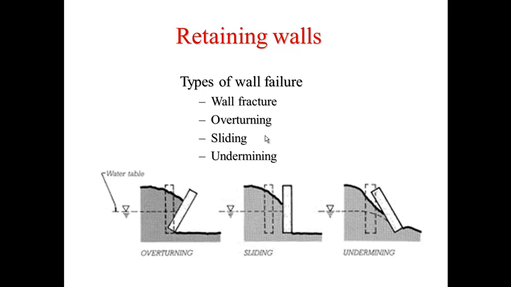Those are the failure mechanisms, actually four if we count the wall fracture, but most commonly it's overturning and sliding, and this overturning could happen over a number of years. You may drive by an area that has a retaining wall and see it's kind of leaning. It's just the number of years. There could be a road up here with traffic running across it. Eventually those things may fail, so they need to be reinforced.